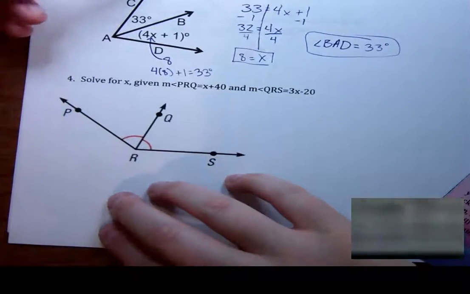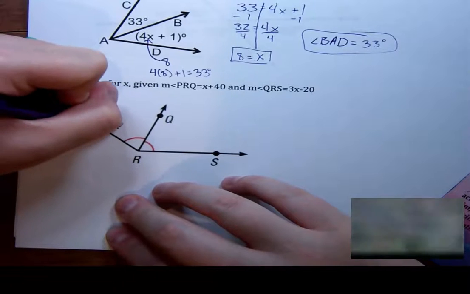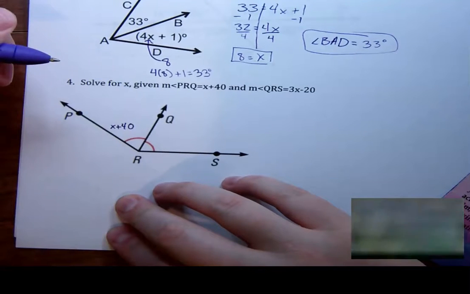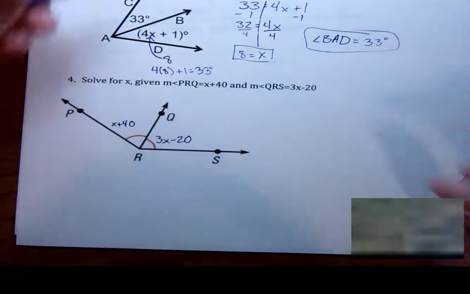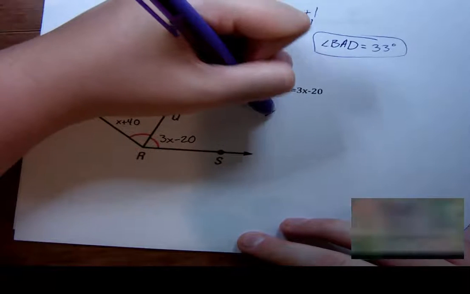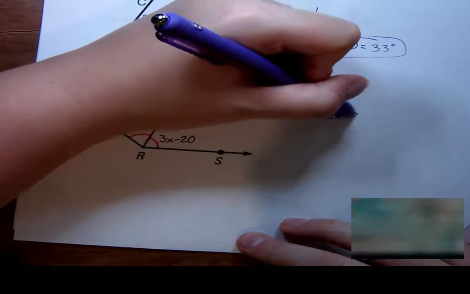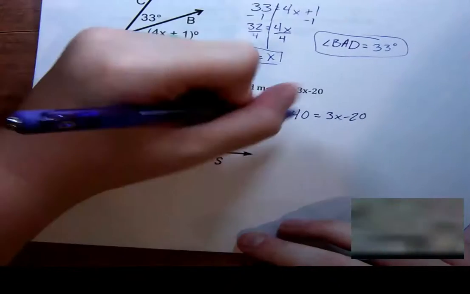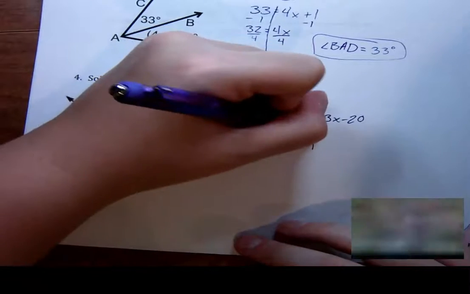Move on to number 4. We've got x plus 40, PRQ, and 3x minus 20. It's just a lot easier if you can label something and see it. We're going to set these equal. So I'm going to start by subtracting x on each side.